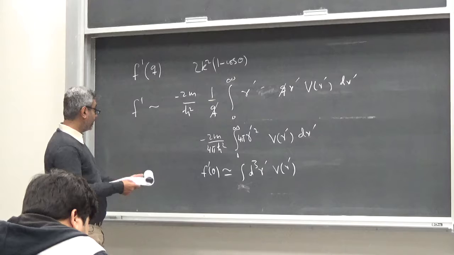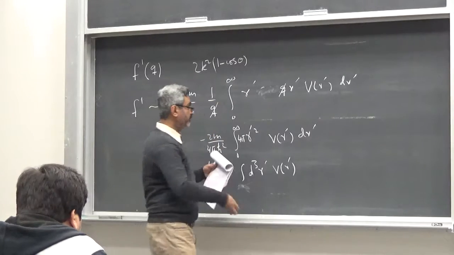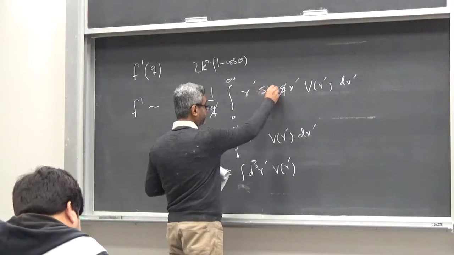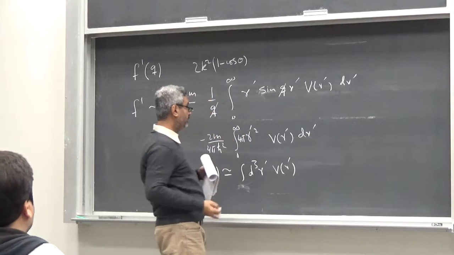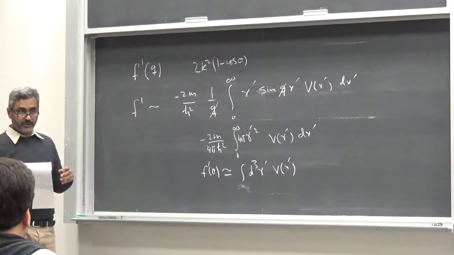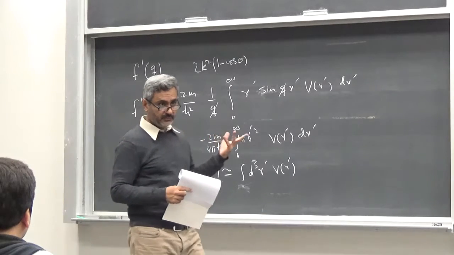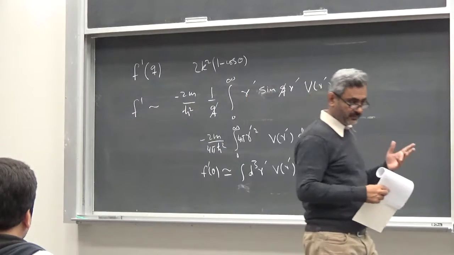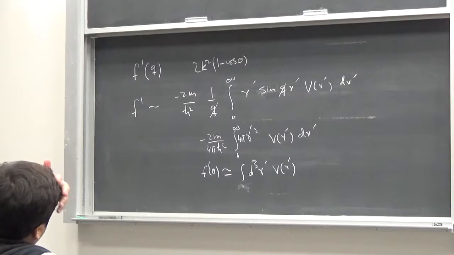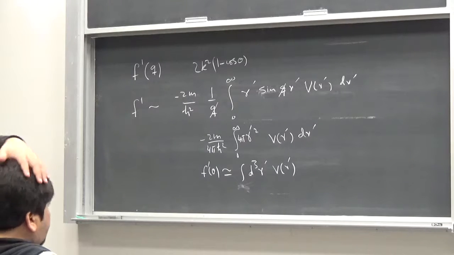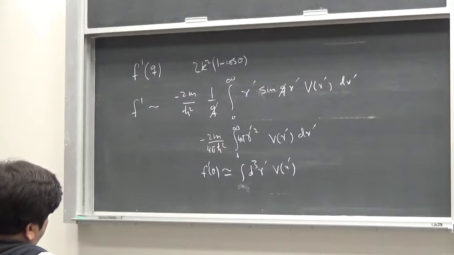So would this approximation become better at large energies or worse? It would get better, right? You can actually show that. I'm not going to go into that.